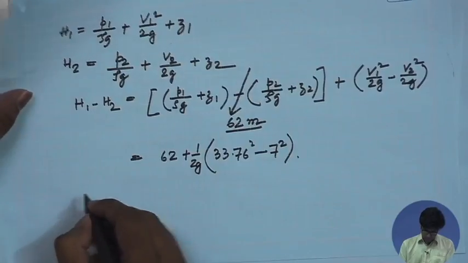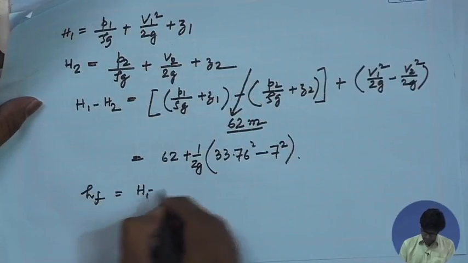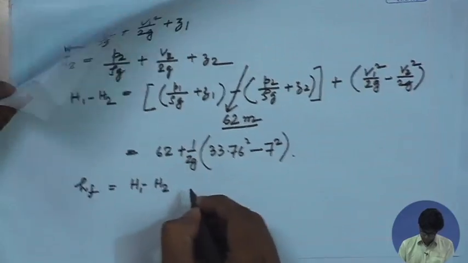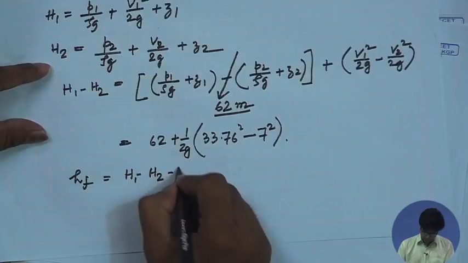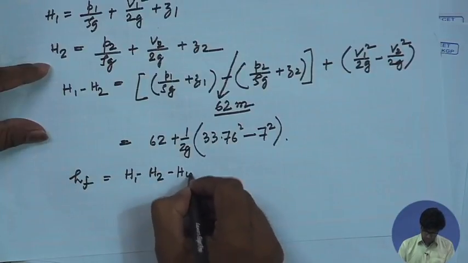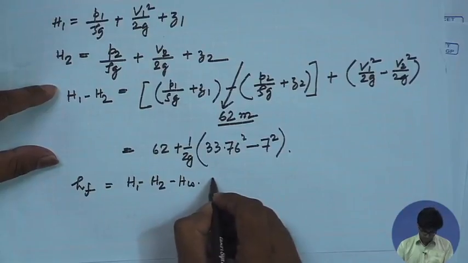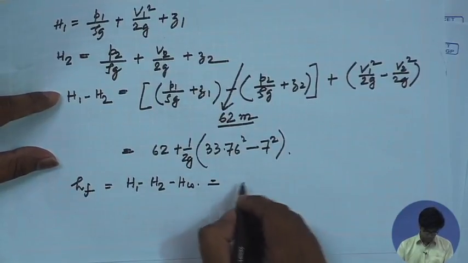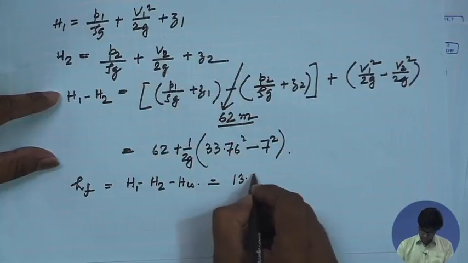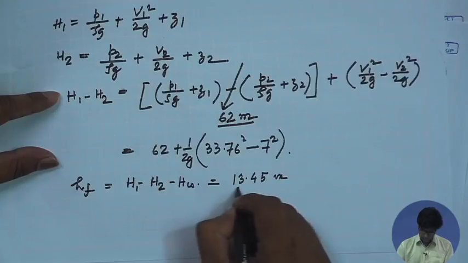So, ultimately we get the value of Hf as H1 minus H2 minus Hw. We know all the values, we have already found out. So, substituting all the values, we ultimately get this loss in head as 13.45 meters.